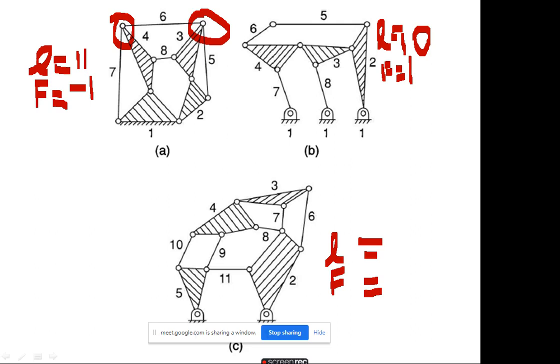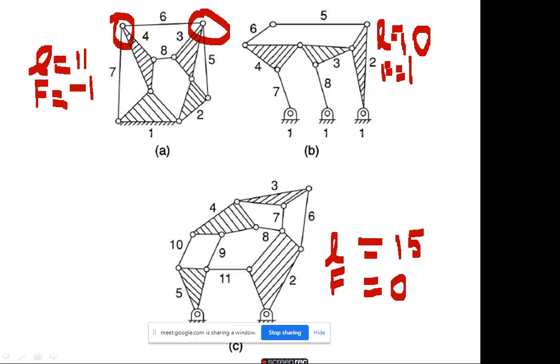So how many lower pairs do you get? Number of lower pairs, can you tell? 14, sir. 15. Yes, it has 15 lower pairs, and when you count the degree of freedom, it becomes 0.